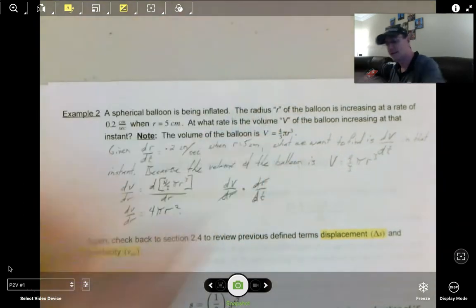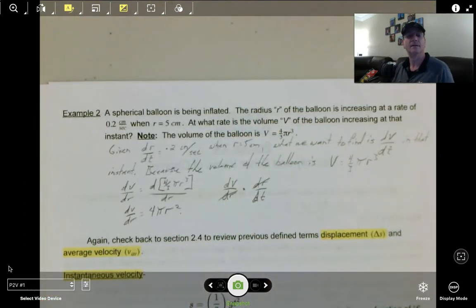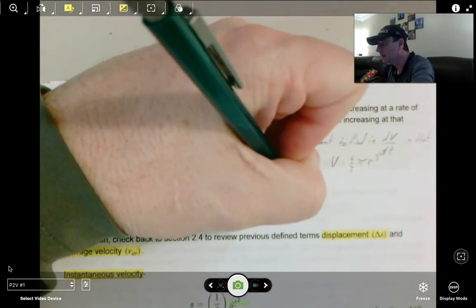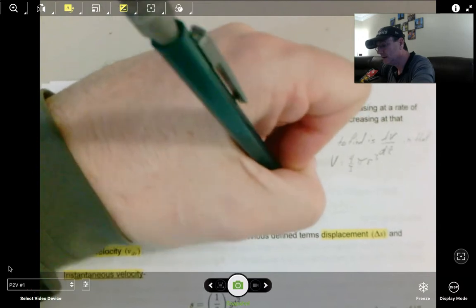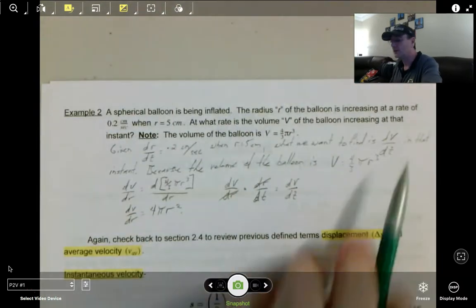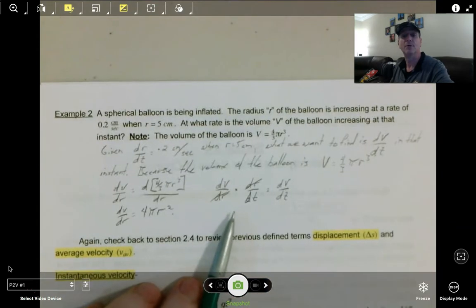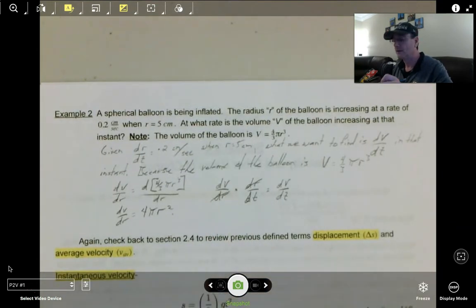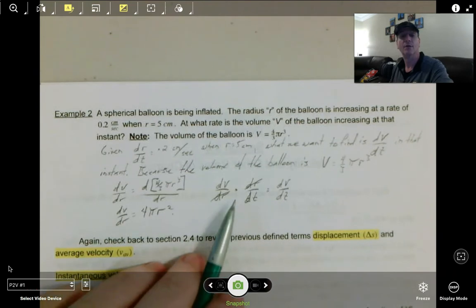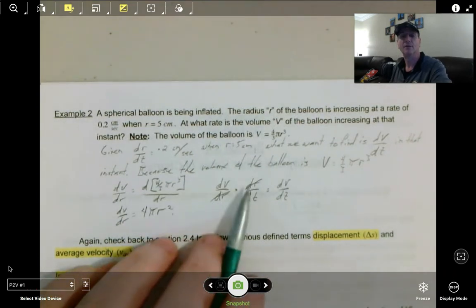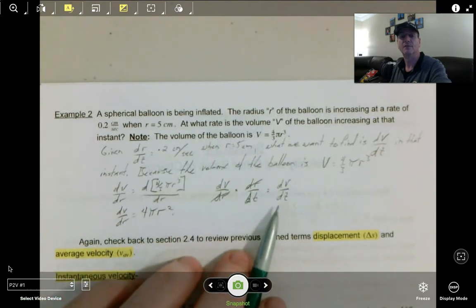If we multiply these two together, the dr's cancel, and we're left with dV/dt, which is what we're looking for. This is a concept that's going to become very important to us a little farther down the road: canceling the denominator and numerator, multiplying two different derivatives together to get the derivative that we want.